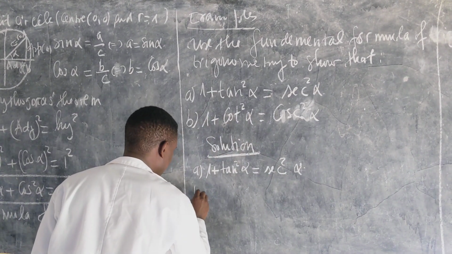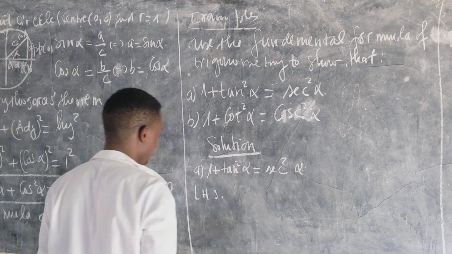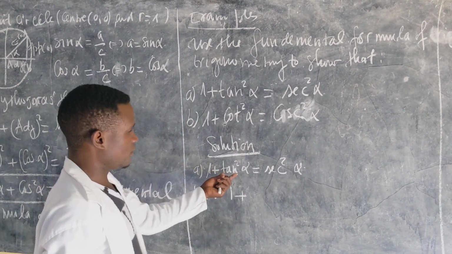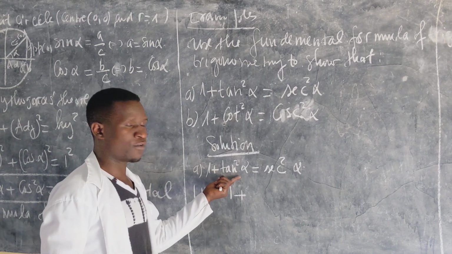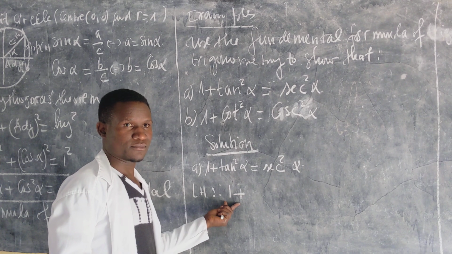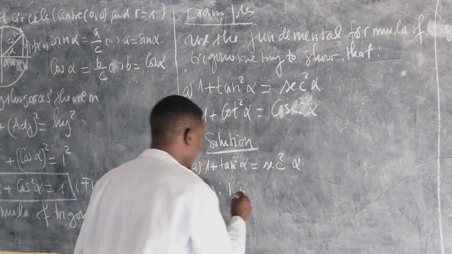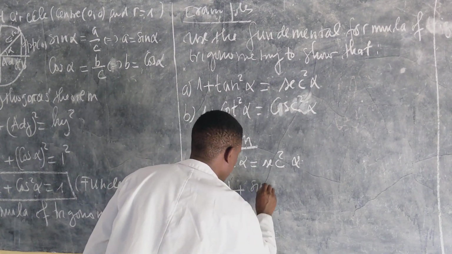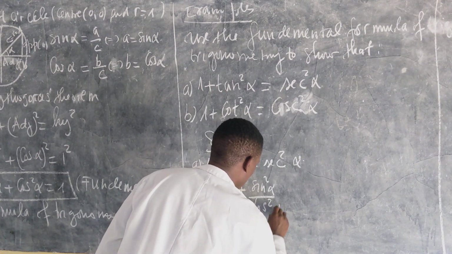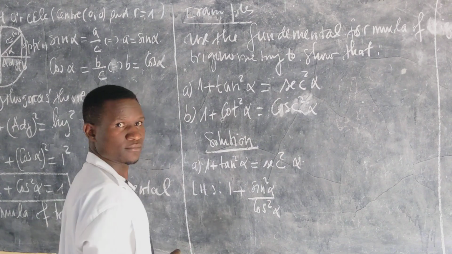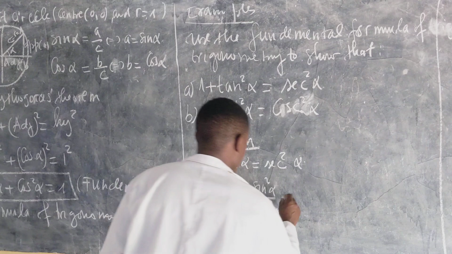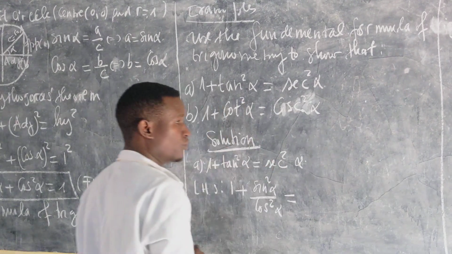From the left hand side, 1 plus, remember we have seen that the tan of an angle alpha is equal to sine divided by cosine. So we can write this as sine square of alpha divided by cosine square of alpha.